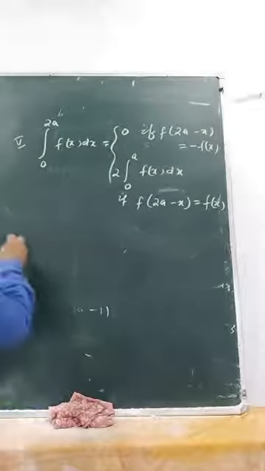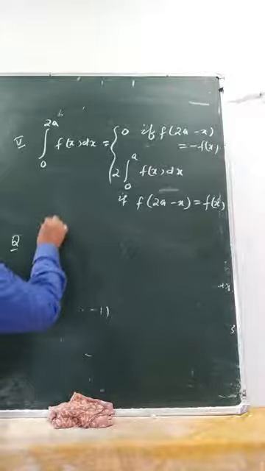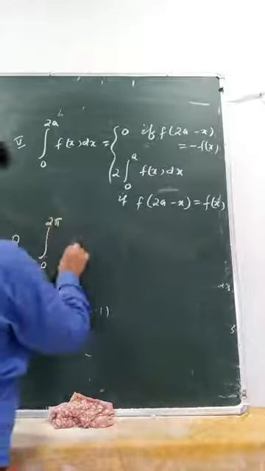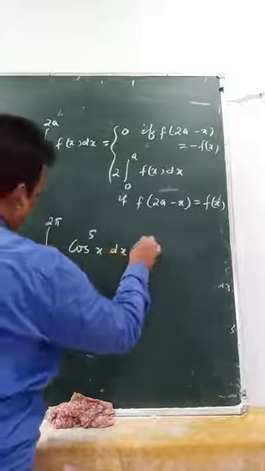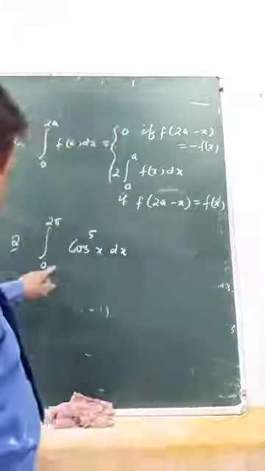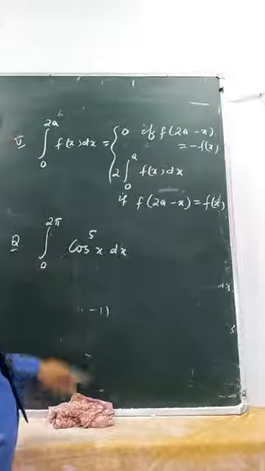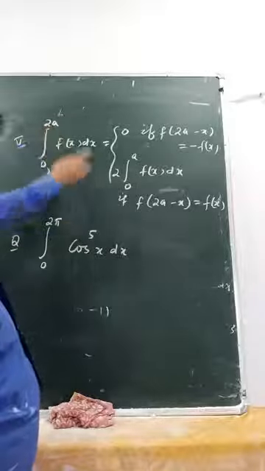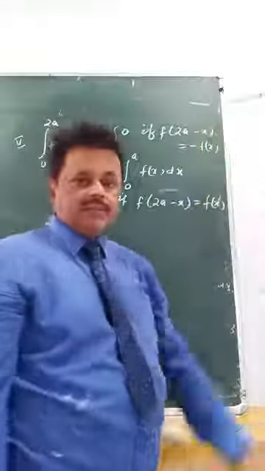First you see, your textbook question, both have taken 0 to 2 pi, cos to the power 50 of x dx. Look, 0 to 2 pi form. So 0 to 2 pi. Now, you have to check what is f of 2a minus x.